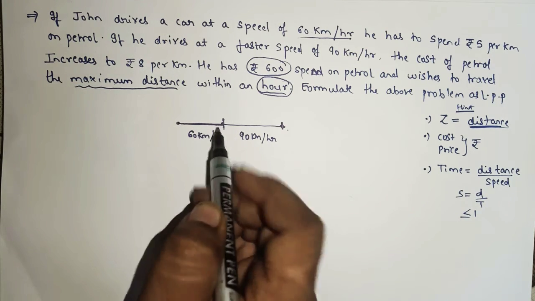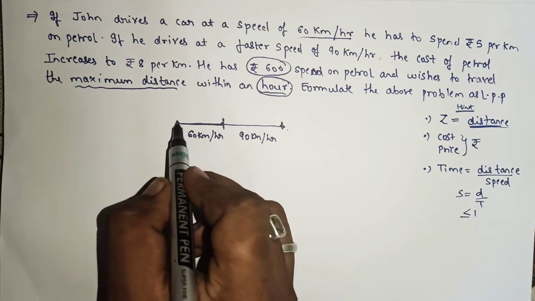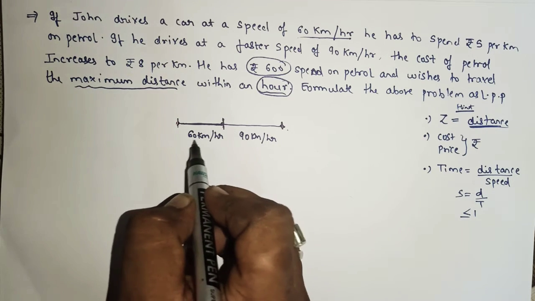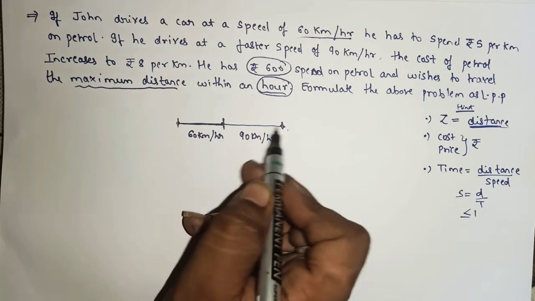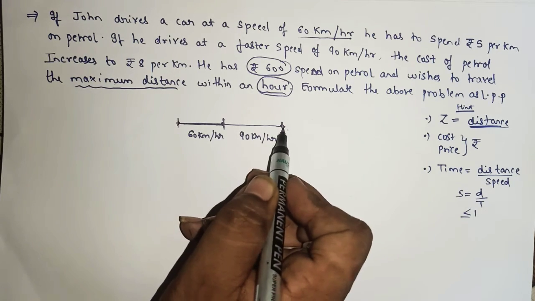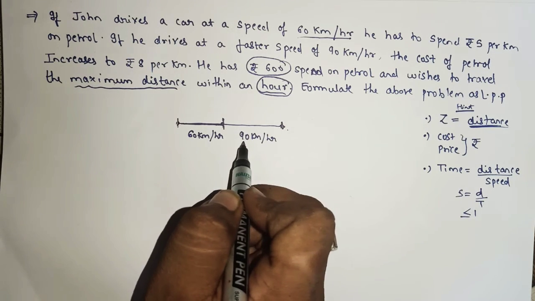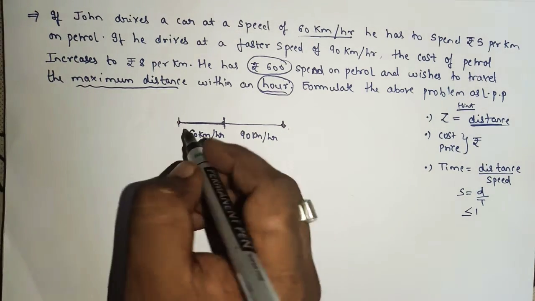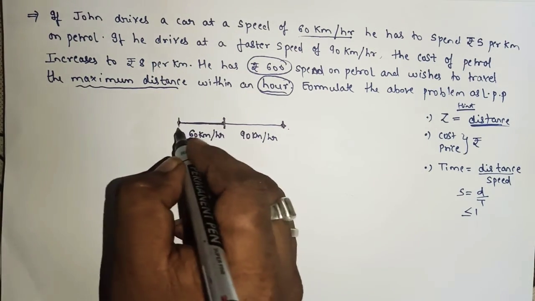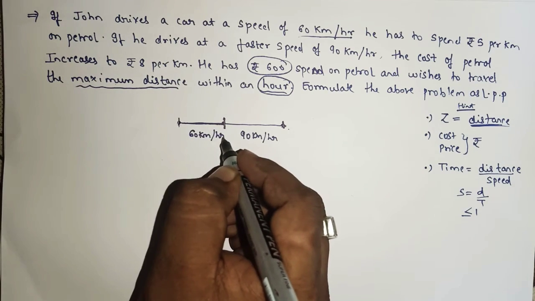Okay, so now once again, it travels a distance from here to here. We'll consider the speed. It travels from here to here at a speed of 60 km per hour and he increases the speed from here to here and covers a certain distance at a speed of 90 km per hour. Now we don't know exactly how much distance he had covered at a speed of 60 km per hour.